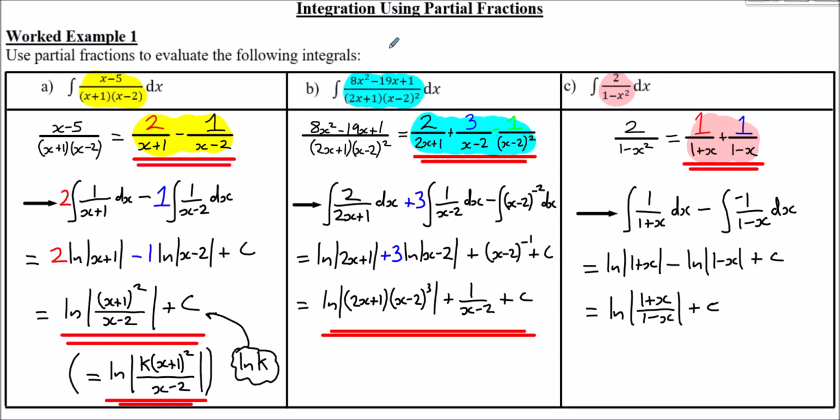And what I'll do actually, I'll write this in a second way as well, similar to part A. If I were to think of c, the constant, in its own right, I could rewrite this as being ln k. I could also include this within this natural log too. So also, it could be expressed as ln of some multiple k of 1 plus x all over 1 minus x.